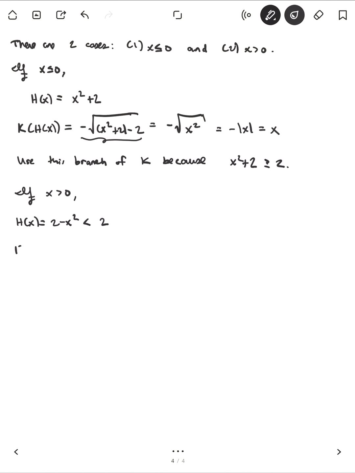And so k of h of x is going to be equal to the square root of 2 minus (2 minus x squared), which is the square root of x squared, which is x. Okay? So the inverse of h equals k. Done.